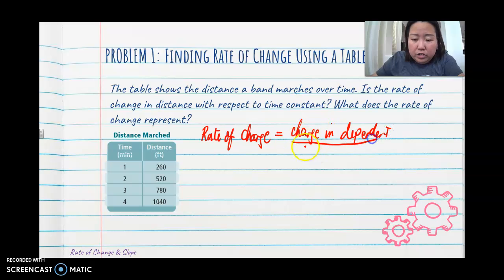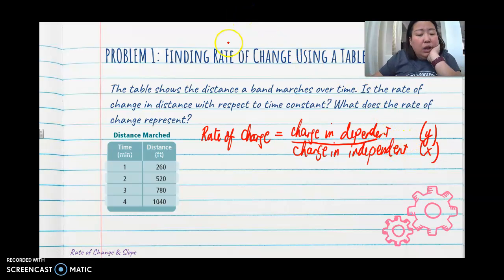Now remember, when you are given x and y values in your table, your dependent values are your y values, and your independent values are your x values here. So when you're looking at rate of change for a given table of values, what you can do is select two pairs of values. So let's select 1 and 2 as our time.